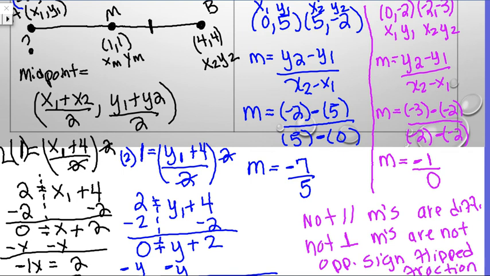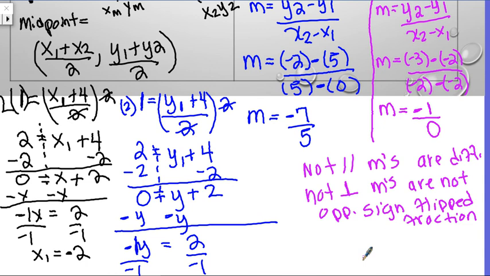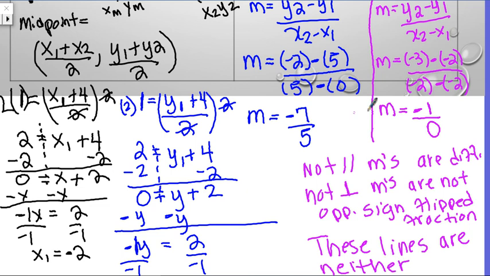So therefore, the only answer we have left is that these lines are what we call neither lines. They're not parallel and they're not perpendicular. The slopes are not the same and they're not opposite. The signs are not opposites and the fractions are not flips or reciprocals of each other. So they're left with that these lines are neither.